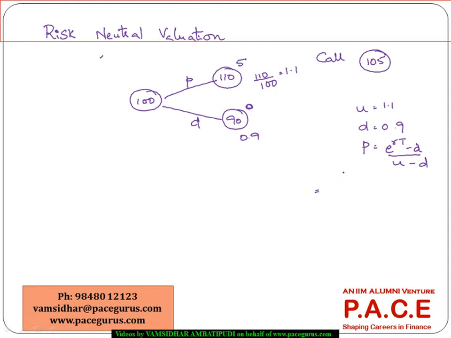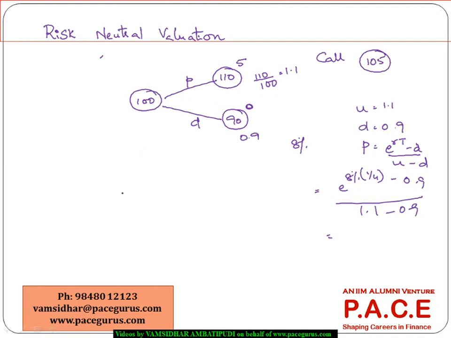So if the R is going to be 8%, I'll take it as e power 8% into 0.25 minus 0.9 divided by 1.1 minus 0.9. This is coming out as the probability of upward movement.